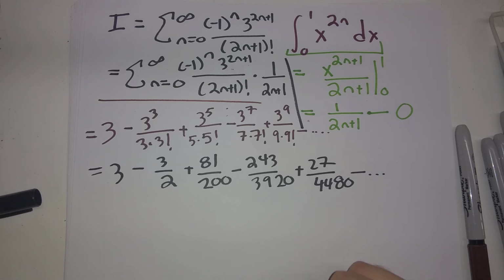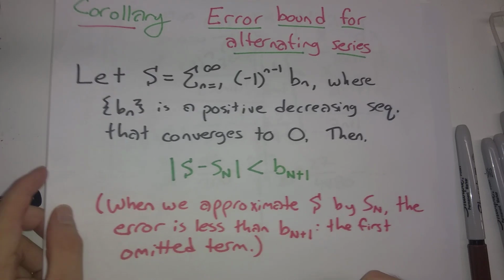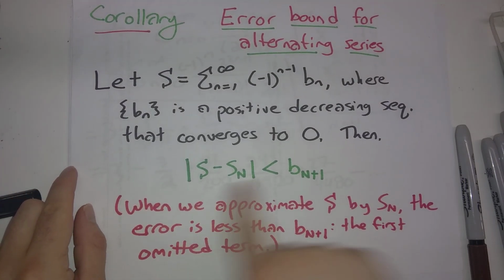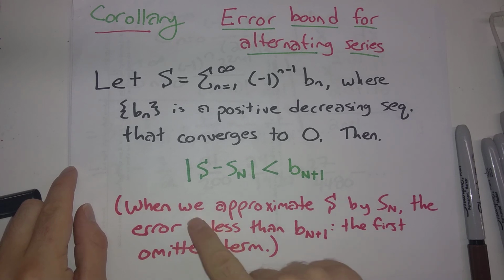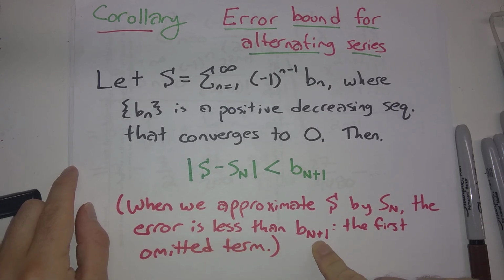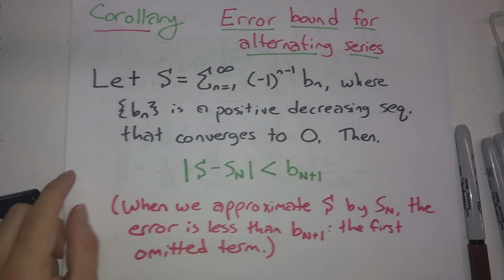But to answer the question about an error, we want to bring back the corollary to our alternating series test. When we approximate s by s sub n, a partial sum here, the error is less than b sub n plus 1, the first omitted term.